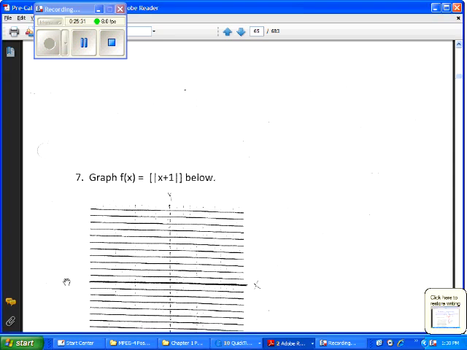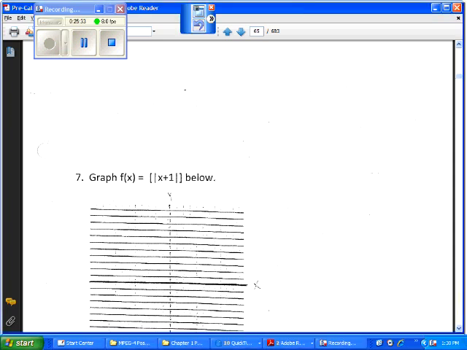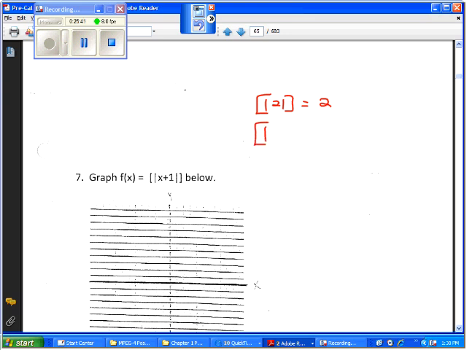Now, let's start thinking about this. What's the greatest integer of 2? 2. What's the greatest integer of 2.1? 2. What's the greatest integer of 2.7? 2. What's the greatest integer of 3?